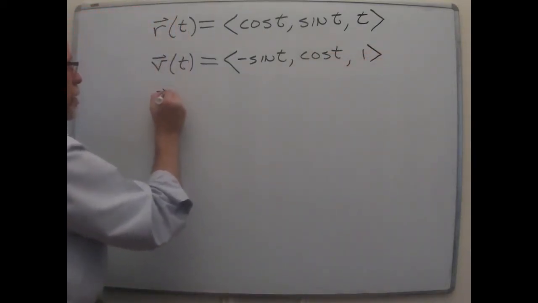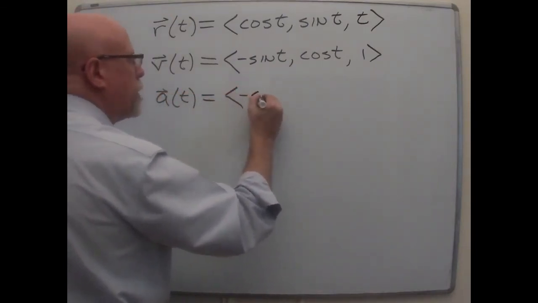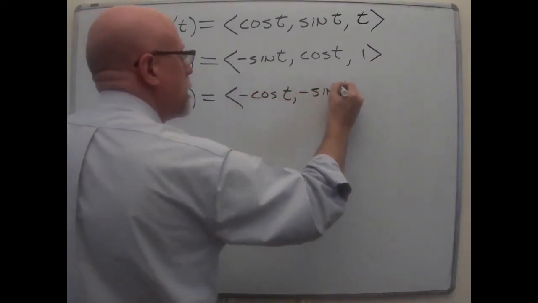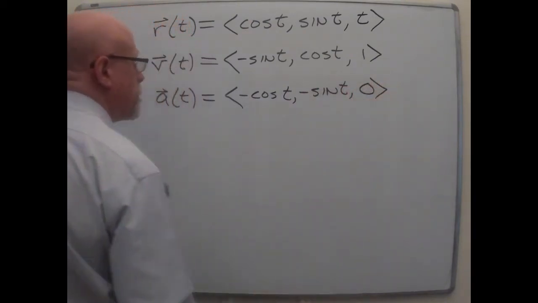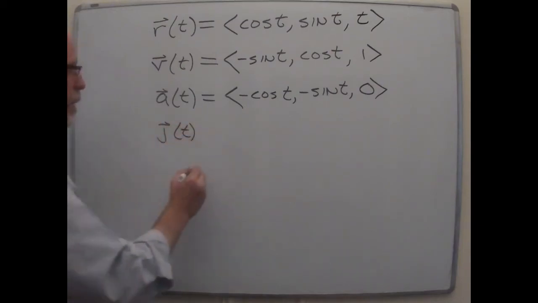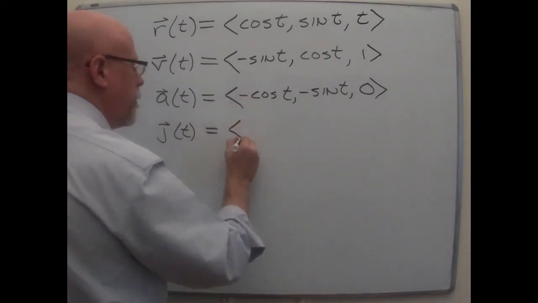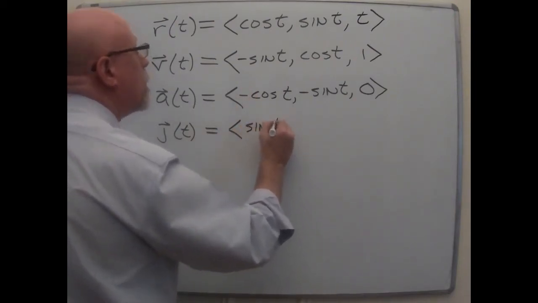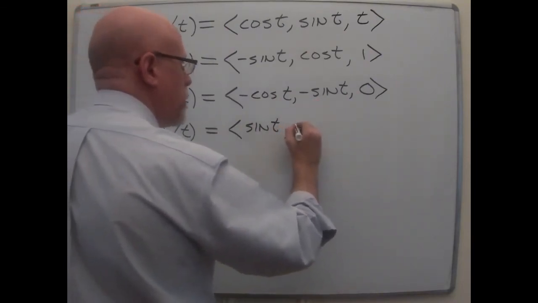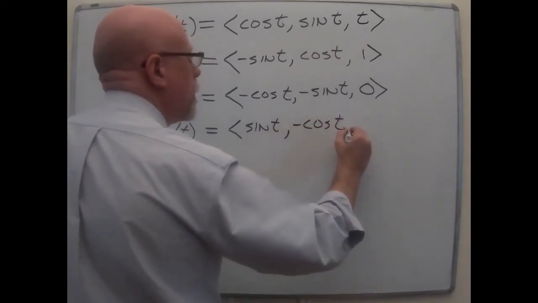The acceleration vector is the derivative of that, which is minus cos t, minus sine t, and 0. And the jerk vector is the derivative of the acceleration vector, which will be 2 minus signs, right? So that'll be sine t. Sine's derivative is cosine, so minus cosine, and 0.